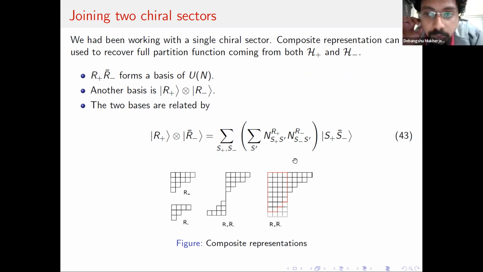Sorry, could you repeat? Is it even a representation of UN? Does UN act on this tensor product? How does UN act on this? Not infinite n, for finite n, how does it act?